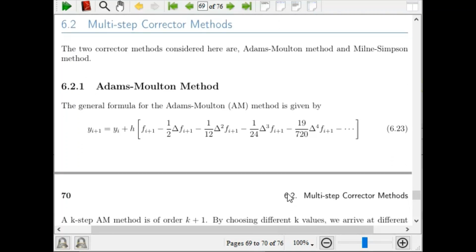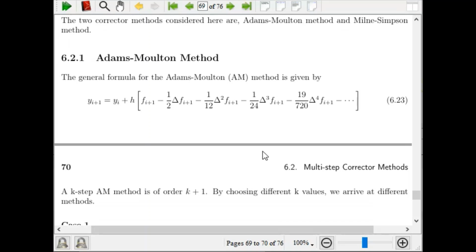We usually predict with some scheme, either single step or multi-step, then we correct the solution, or fine-tune it, with some of these methods. These are implicit schemes. So explicit schemes are predictor methods and implicit schemes are corrector methods. I've been repeating this over and over so that it doesn't become so confusing.